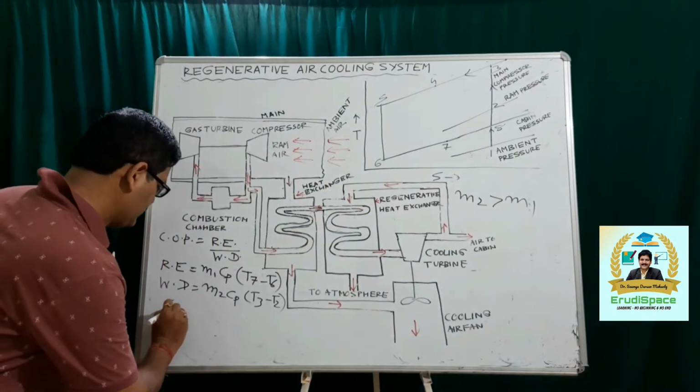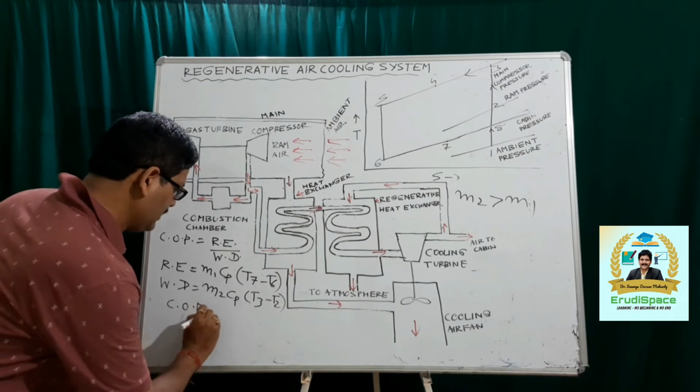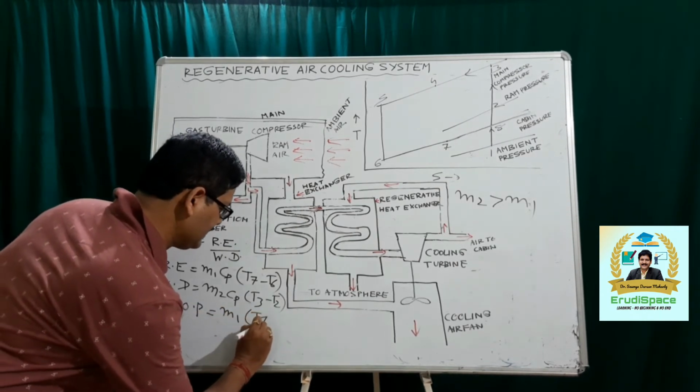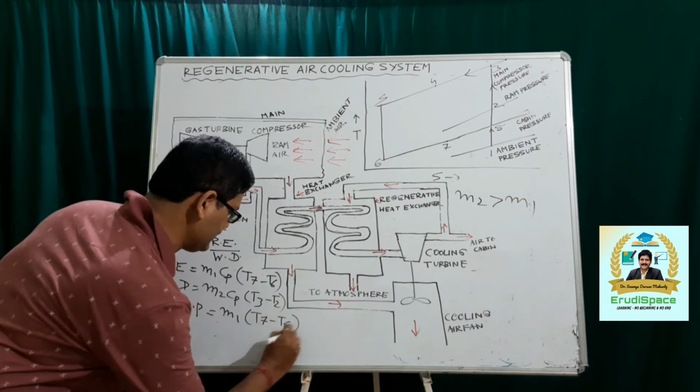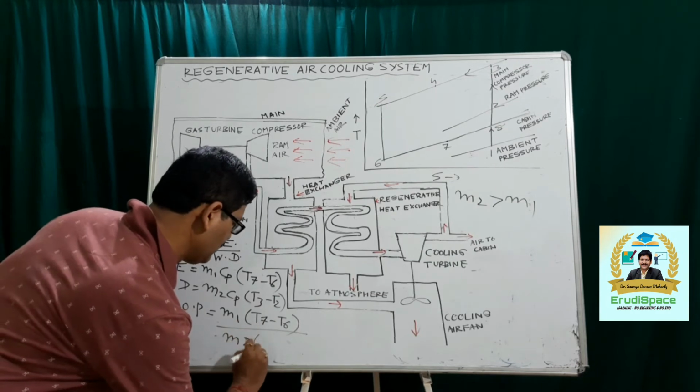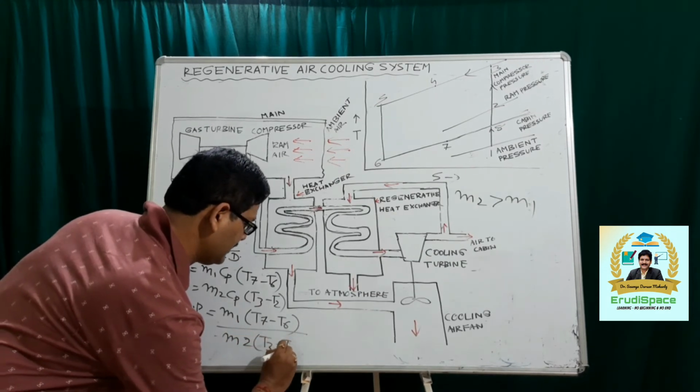Now the COP will be the ratio between M1 multiplied by T7 minus T6 divided by M2 into T3 minus T2.